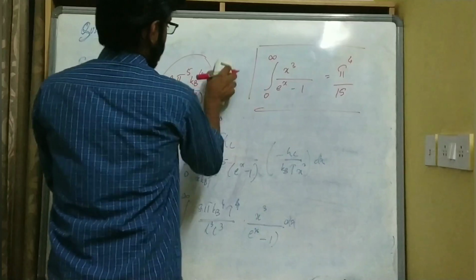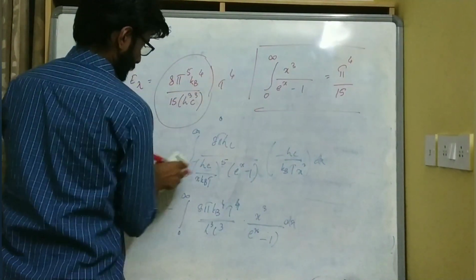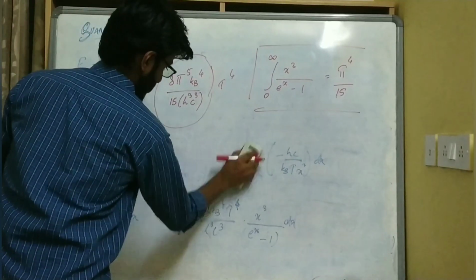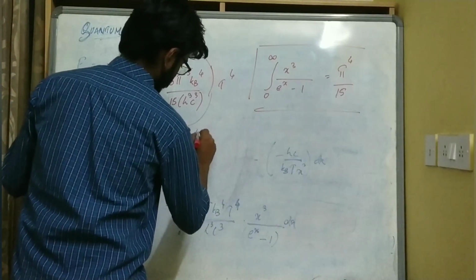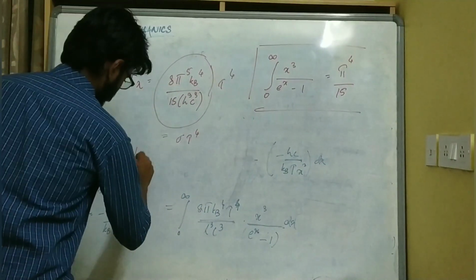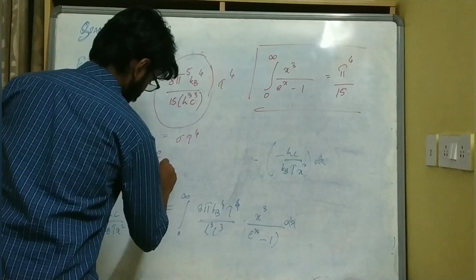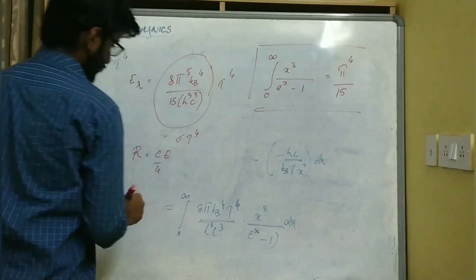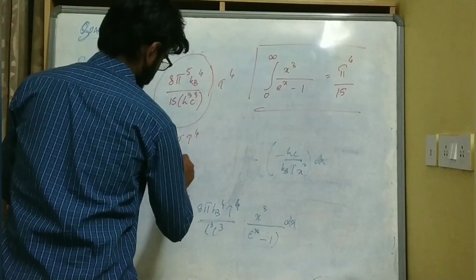The whole of this is constant, which is given by sigma. The radiative power R is c by 4 E lambda, and this is some constant.